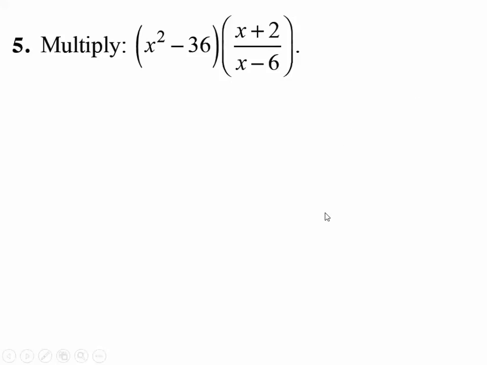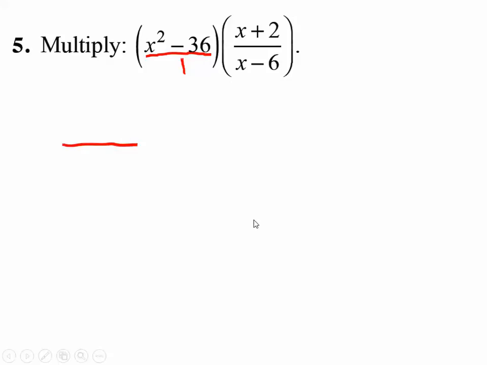Good? Alright, so what do we do? We just put a little 1 right there. That's all. We make it into a fraction ourselves. With that 1 being there, now we just do what we normally would do with the fractions.